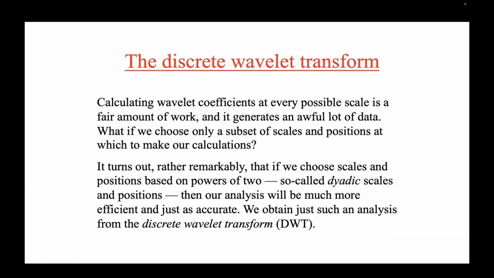It turns out, rather remarkably, that if we choose scales and positions based on powers of 2, which are also called dyadic scales, then our analysis will be much more efficient and just as accurate. That is basically the discrete wavelet transform.